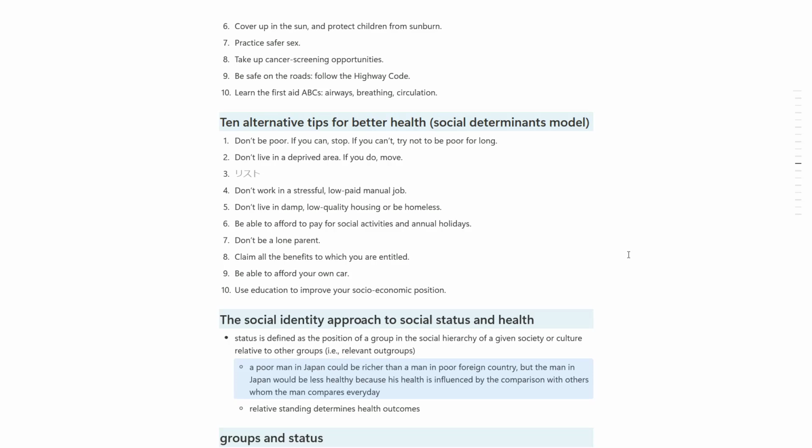So it's not the absolute status of the man. It's the relative status that the man perceives compared to other individuals or other groups.